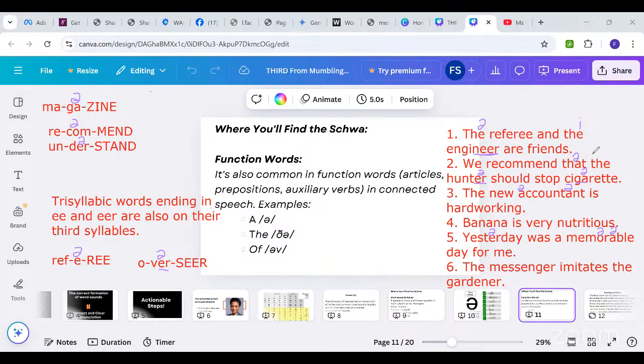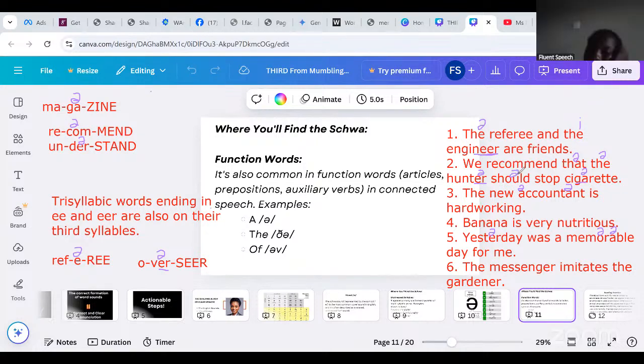We recommend that the hunter should stop cigarette. So aside from stressing the words that have two or three syllables in that sentence, we should also make sure we are not stressing the function words. We recommend that the hunter should stop cigarette.